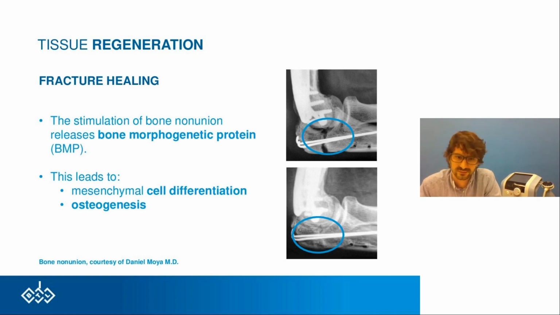And the second thing, which is probably even more important, is that if you take a look at the picture, you are not trying to affect this whole area. What you are trying to do is to affect the area where the bone is not formed, where the cells are doing the work to repair the bone. So with the focused shockwave, you are able to target much more precisely than with the radial shockwave, the small areas that are fractures.